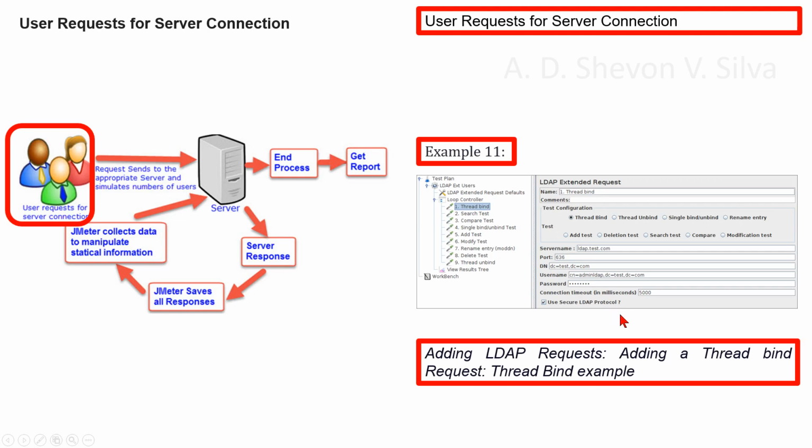Number 10, optional: check the box trust all, if you want the client to trust all certificates. Here you can see a thread bind example.